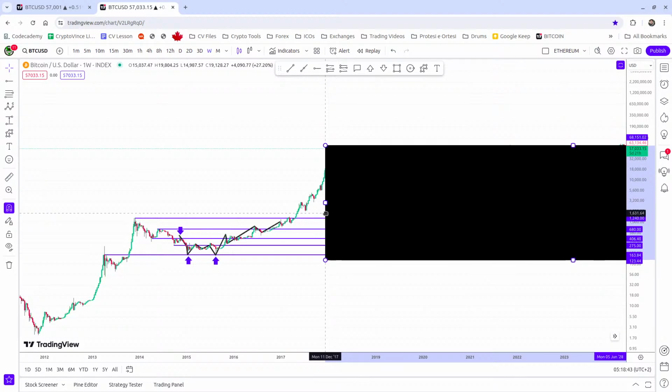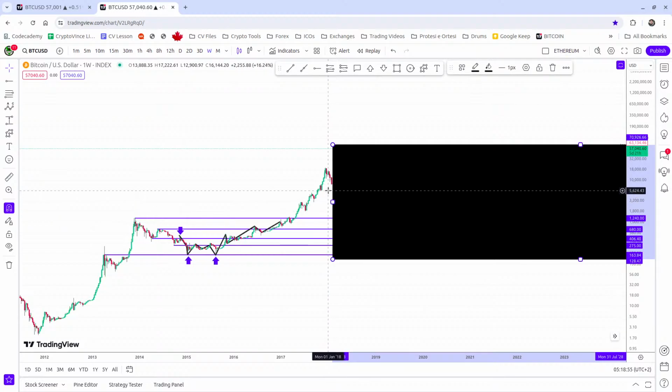Made a higher high and a higher low. Keeps going. Boom. Another high, another low. I'm still bullish here. It's dropping, but it's still above previous high. So I'm still bullish. So I'm going to look for a long here, not a short.